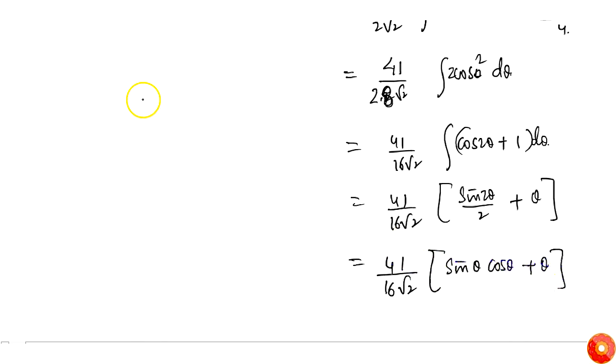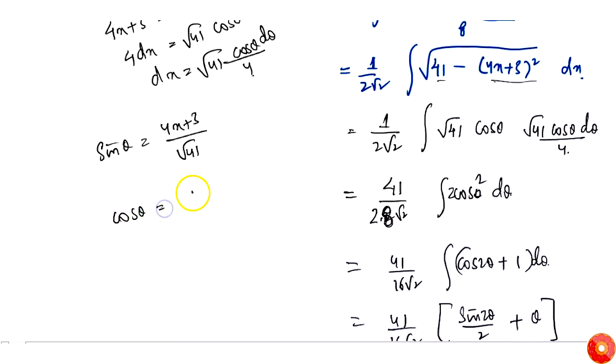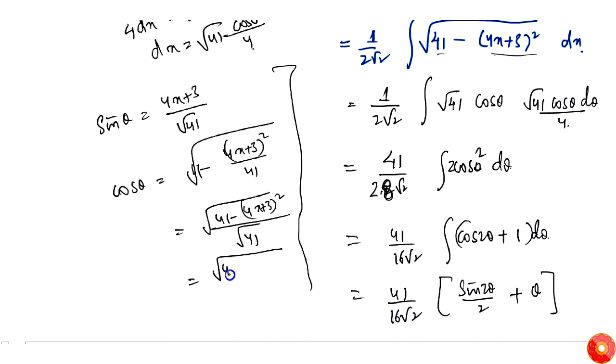So now from the above substitution we get sin theta is equal to simply 4x plus 3 by root 41, whereas cos theta is equal to square root of 1 minus sin square theta, so 1 minus 4x plus 3 whole square by 41, which will be equal to square root of 41 minus 4x plus 3 square by root 41, which will be equal to square root of 41 minus 16x square minus 9 minus 2 into 12x, so by 41.